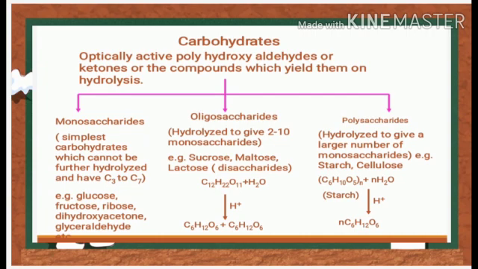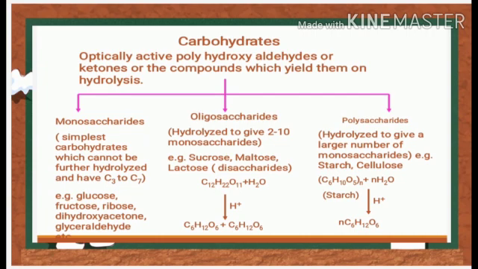And the next one is oligosaccharides. These are the carbohydrates which give 2 to 10 monosaccharide molecules on hydrolysis. These are further classified as disaccharide, trisaccharide, tetrasaccharide, etc. depending on the number of monosaccharide units present in their molecule.